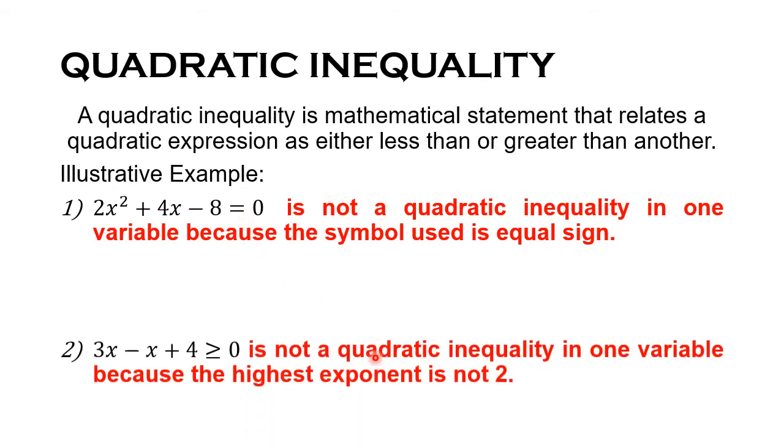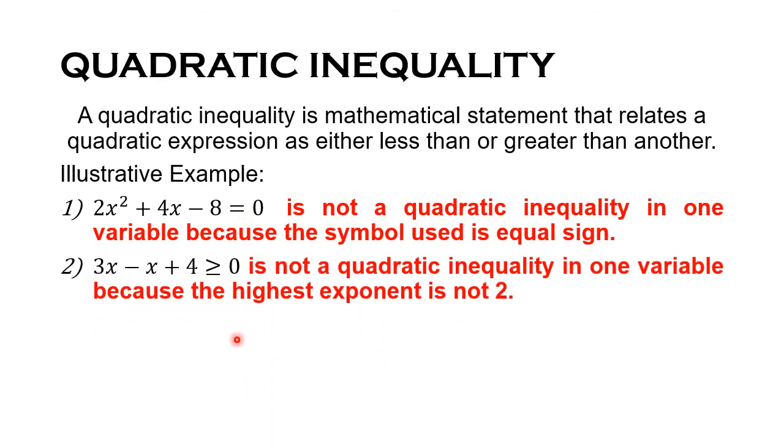Okay? Next, number 2. 3x minus x plus 4 is greater than or equal to 0. Meron nga tayo ditong inequality symbol na greater than or equal to 0, but it is not a quadratic inequality also.